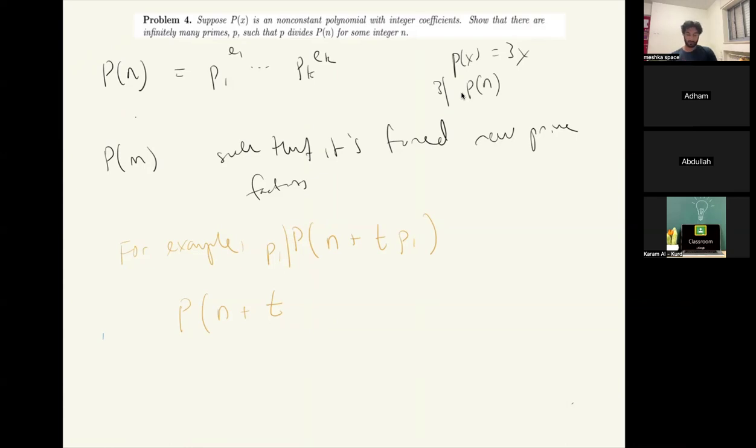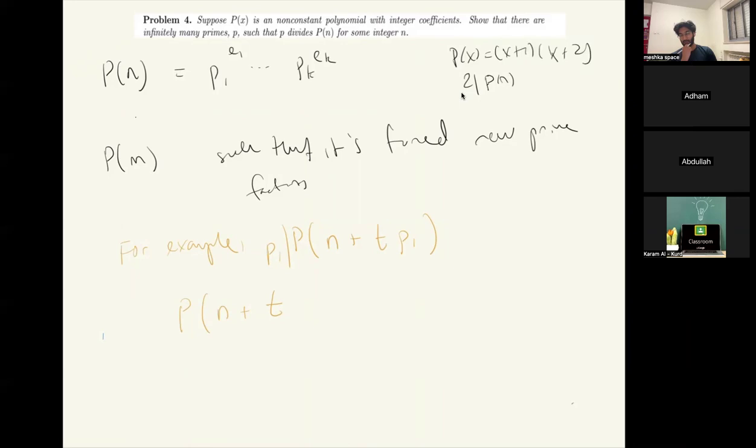No, it's kind of complicated. So let's consider the polynomial p of x equals x times x plus 1. This is always even. Yes, but the constant term here is 0. Sorry, you're right. What I meant is x plus 1 times x plus 2.